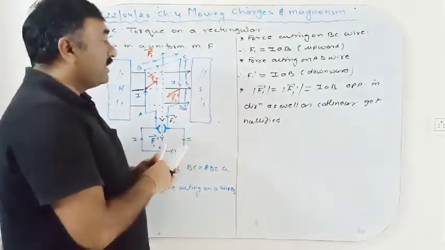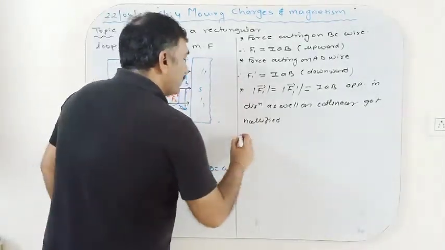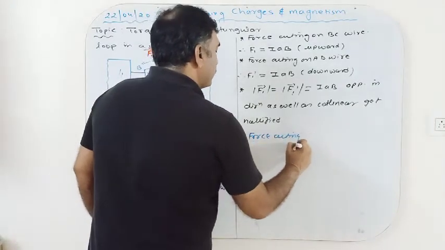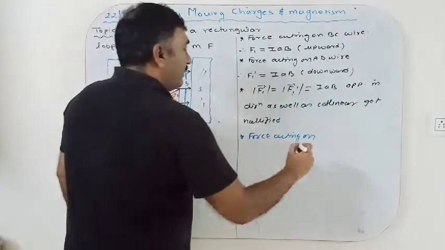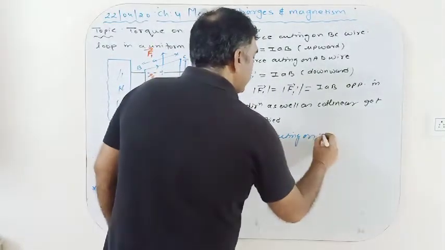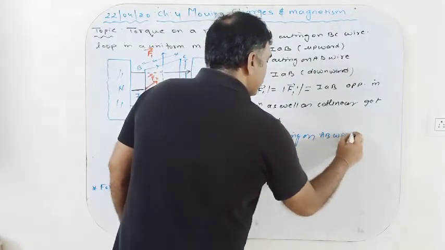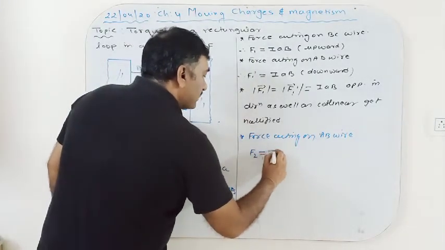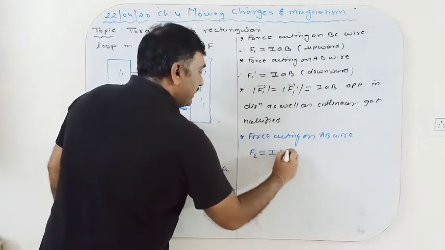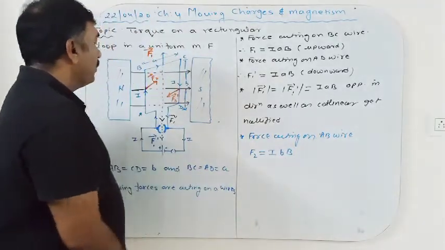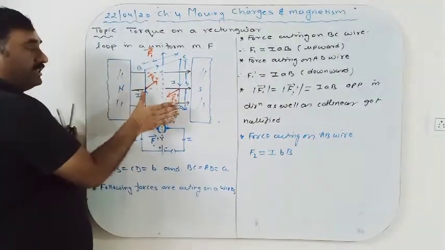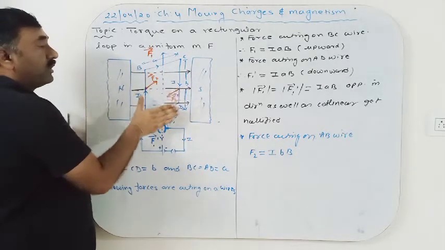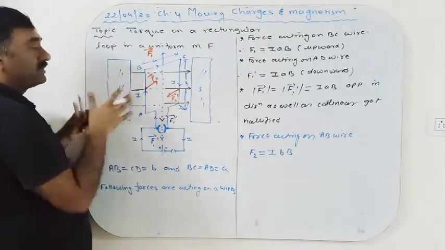Now the remaining two forces. We are talking about the force acting on the AB wire. This is F2, the current is I, the length is B. Here the current is in the upward direction, the magnetic field is from north to south, and what is the direction of the force?